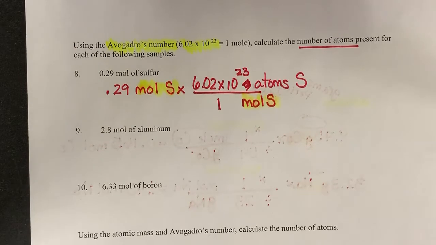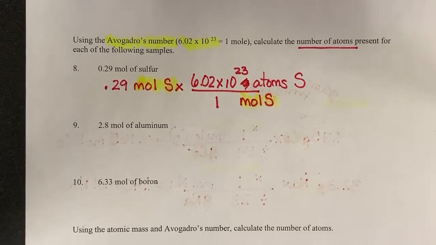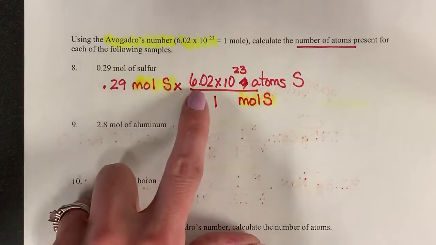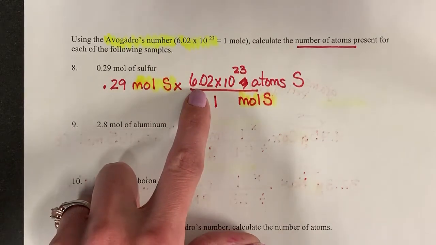Okay. Now there are 2 ways that I can do this. If I have a scientific calculator and I'm comfortable with scientific calculators, I can put this in exactly as it's written. If I don't have a scientific calculator, or I'm just trying to use my phone, here's what I'm going to do.